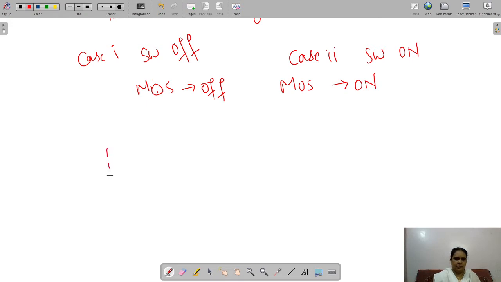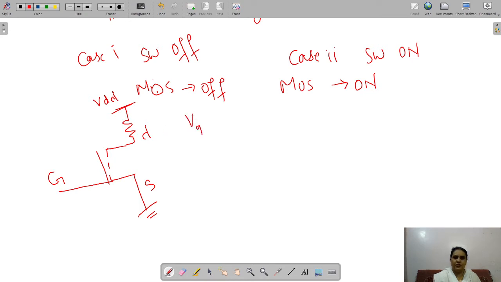So let us draw the MOSFET. This is the gate, drain, and the source is grounded. The upper point is connected to plus 5 volts, that is VDD. I want my value of VGS less than VTH for the MOSFET to be driven into the cutoff region.